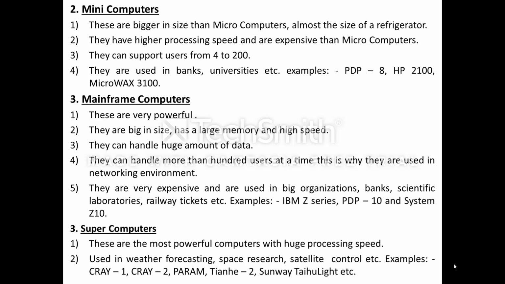Now what will happen if railway uses a microcomputer or a mini computer? Then so many requests, those computers will not be able to handle. The servers will crash, right? So to handle so many requests, Railways has to use a computer which can handle those requests. This is why they use the mainframe computers.